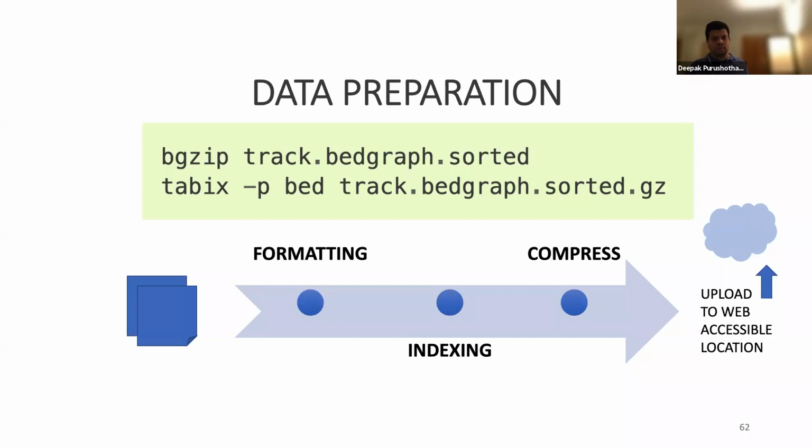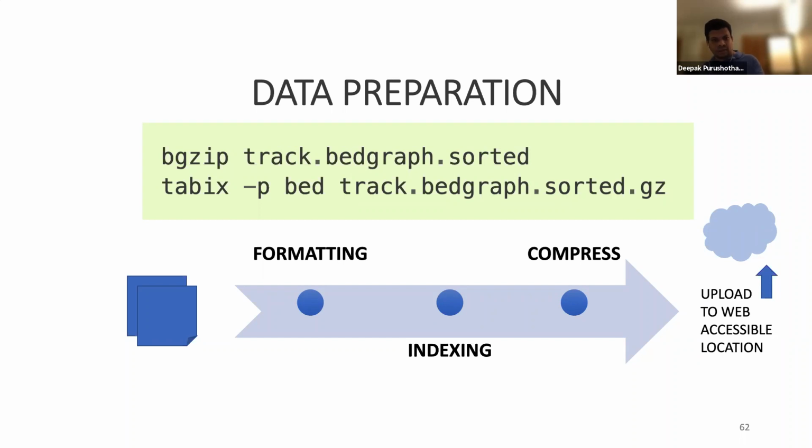So you run a couple of commands. Basically, what's happening is you're formatting and indexing and compressing that data, and you upload it to a web accessible location. If this is a big problem, you can contact us, and we can help out with this aspect.